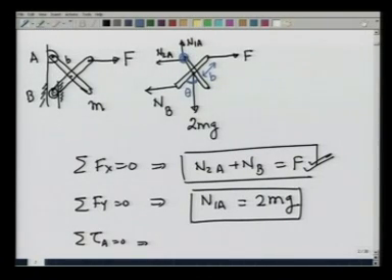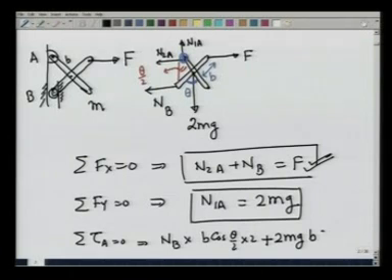Then while calculating torque, I am going to get NB times b cosine theta by 2 times 2, that is this arm, plus 2mg b sine theta by 2 is equal to 0.